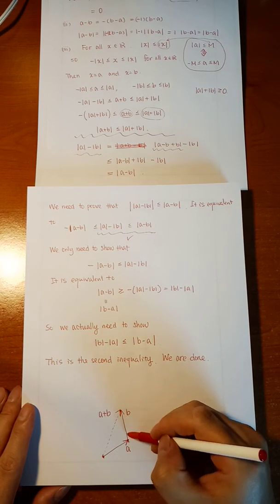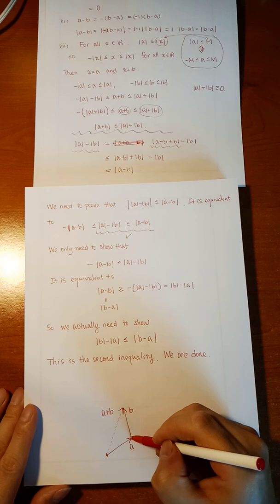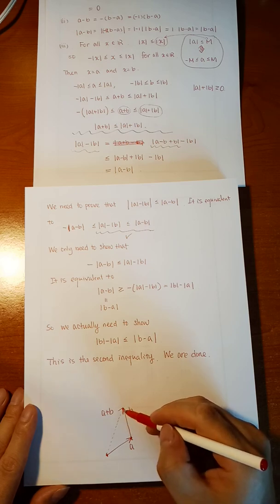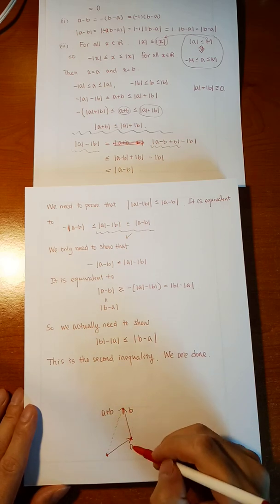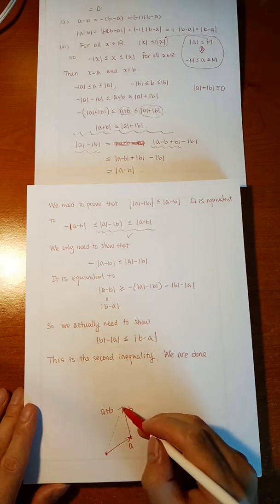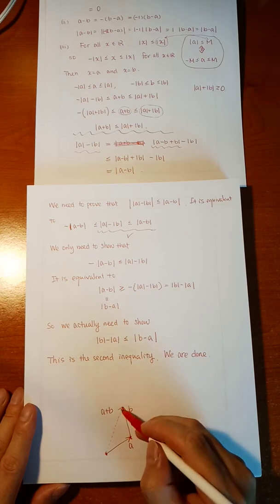You place the second vector, initial point coinciding with the terminal point of the first vector, like a chain. You start from here and draw the second vector. And its sum, A plus B, means you start from the initial point of the first vector, you stop at the terminal point of the second vector. You draw it like that.